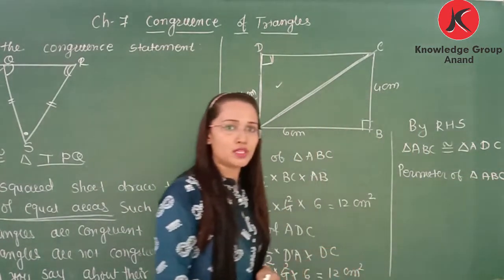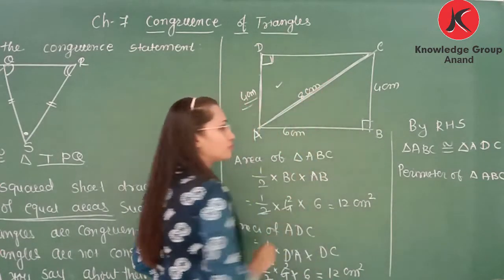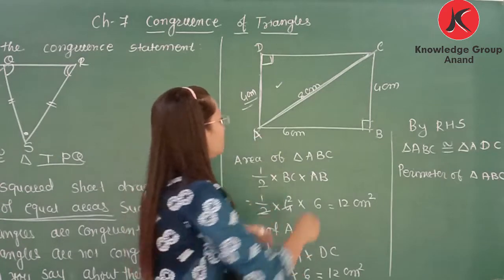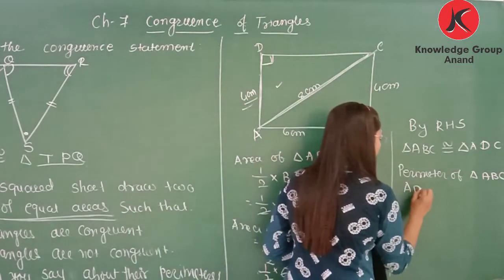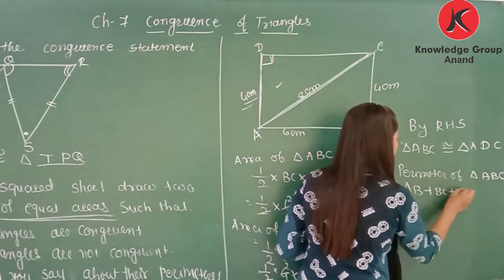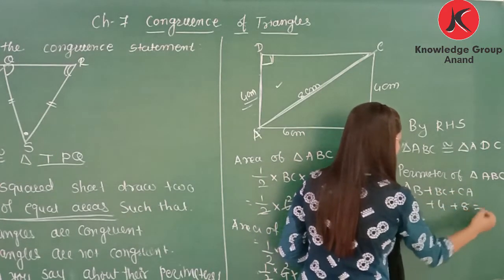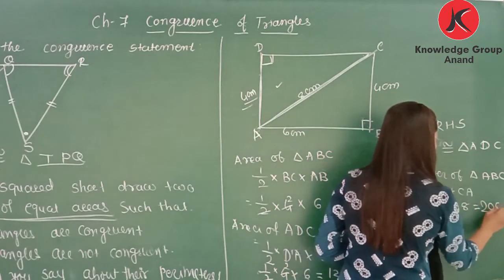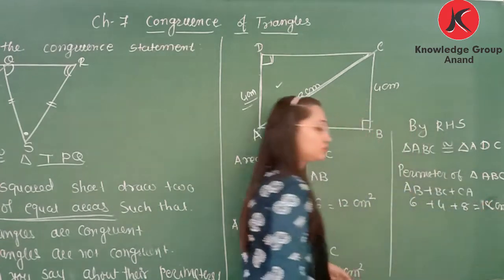Now perimeter means, if we consider this side as 8 cm, okay, so the perimeter will be 6 plus 4 plus 8. It is AB plus BC plus CA. So it is 6 plus 4 plus 8, that is 18 centimeter.